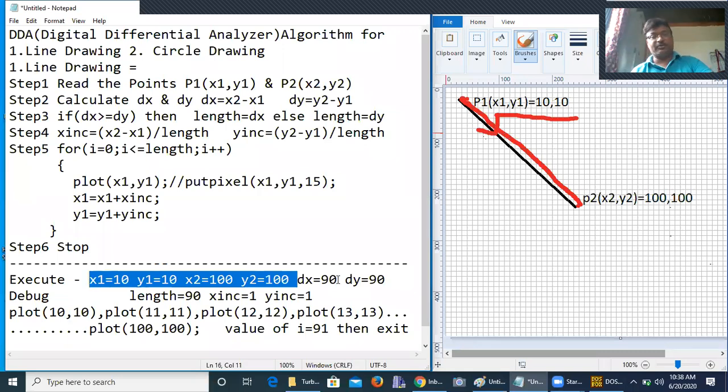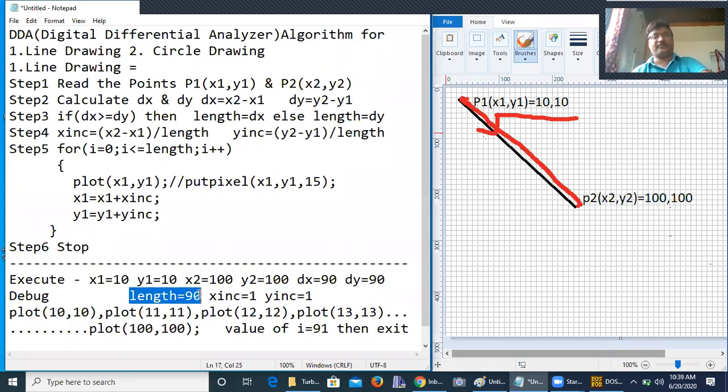Dx becomes 90 because of x2 minus x1. Dy becomes 90, y2 minus y1. Since dx is greater than or equal to dy, length is equal to dx. X increment is (x2 minus x1) divided by length, and y increment is (y2 minus y1) divided by length.